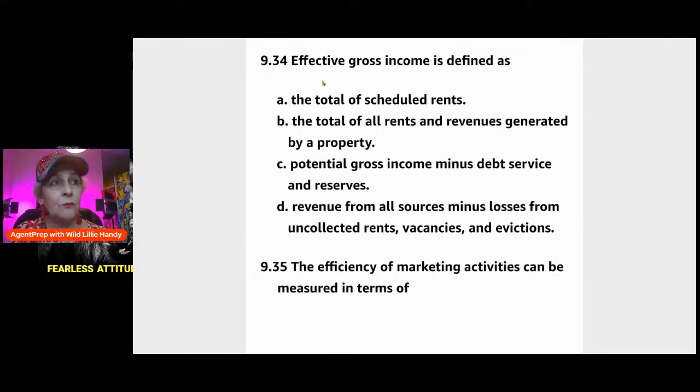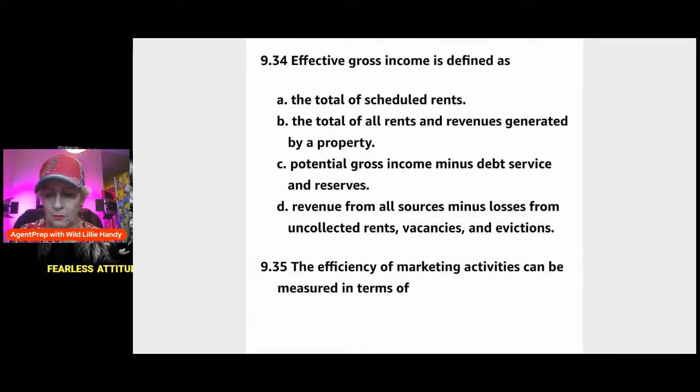So effective gross income. So what does this mean? Vocabulary, right? It's defined as D, all revenue from all sources minus losses from uncollected rents, vacancies, and evictions. That is the effective gross income, the actual income.